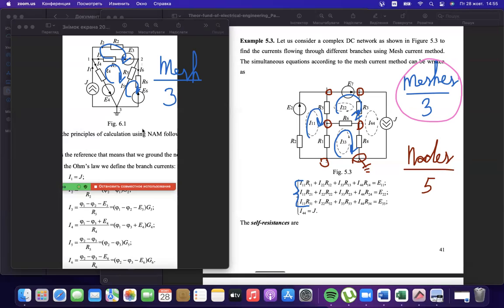But for the nodal approach, how many do we have? Only 1, 2, 3. 3 minus 1, it will be 2. For the nodal approach, we have only 2 equations. That means for this case, the better is the nodal method.